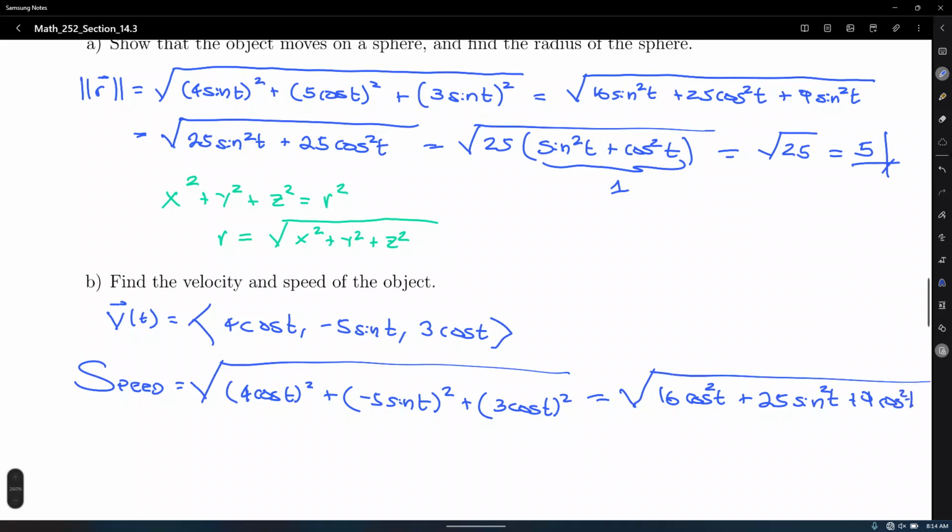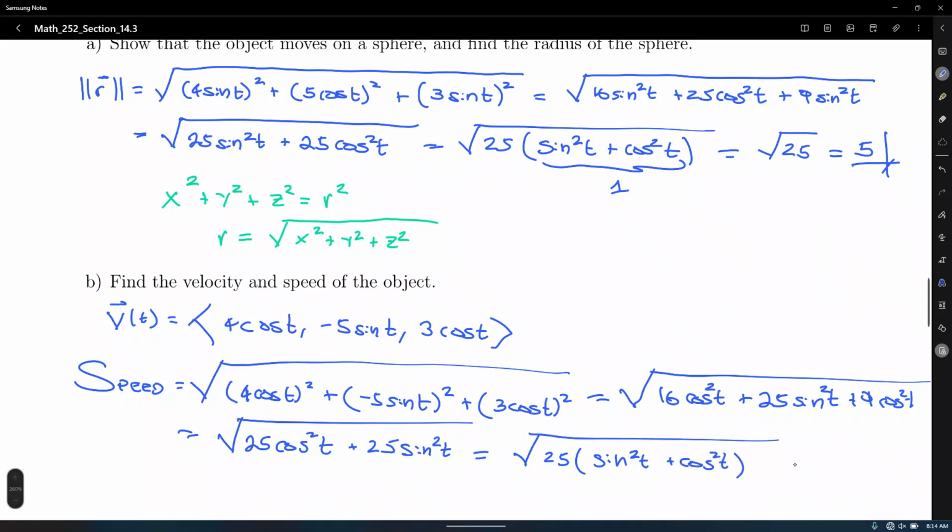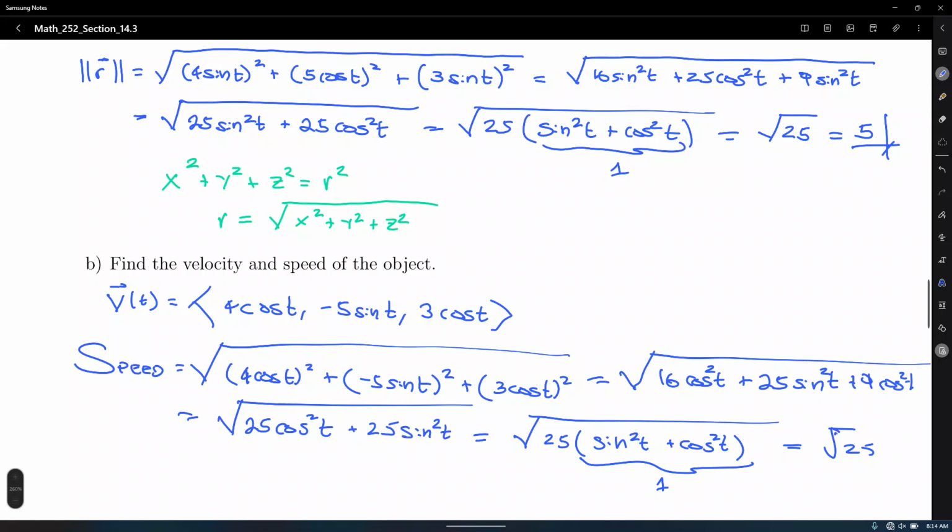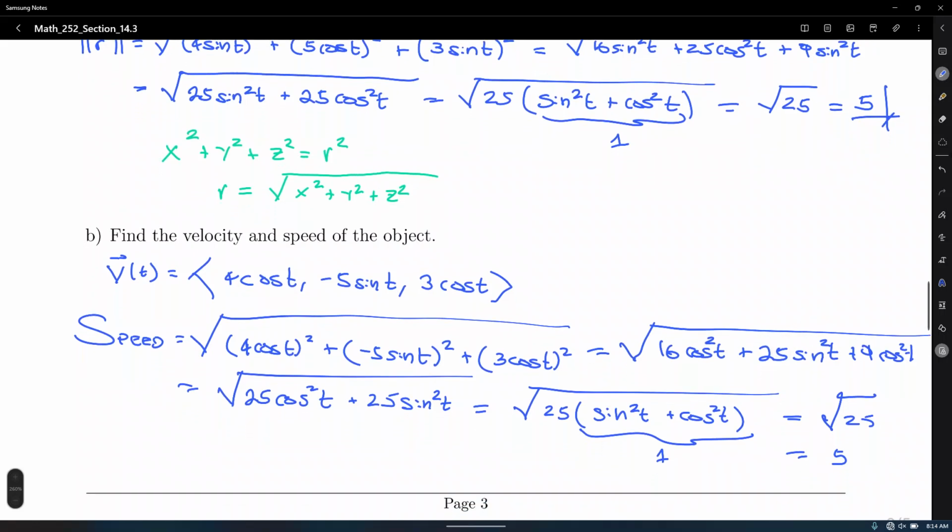Again, combining like terms, the cosines, 16 plus 9, equal 25 cosine squared t plus 25 sine squared t. Again, we can factor out the 25, and that's going to leave us with the identity we just simplified earlier, which equals 1, and the square root of 25 equals 5. So the speed is 5.